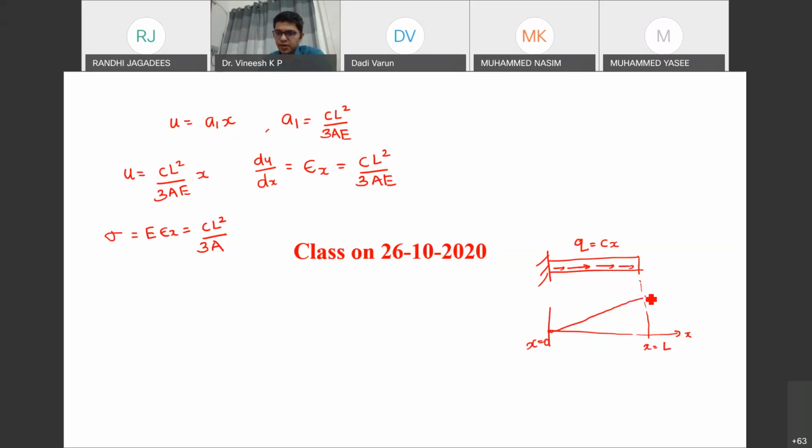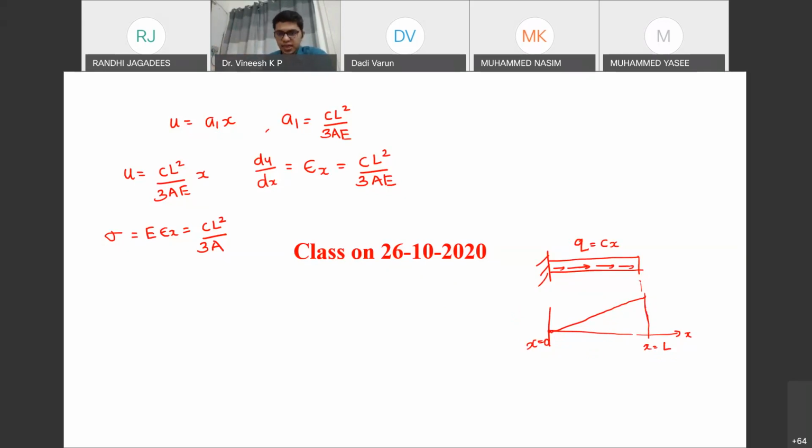It is equal to 0 at x equal to 0, and you will get a maximum value at x equal to L. This is the displacement we assume from the Rayleigh criteria.